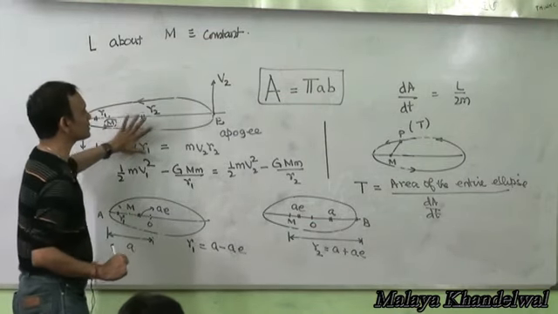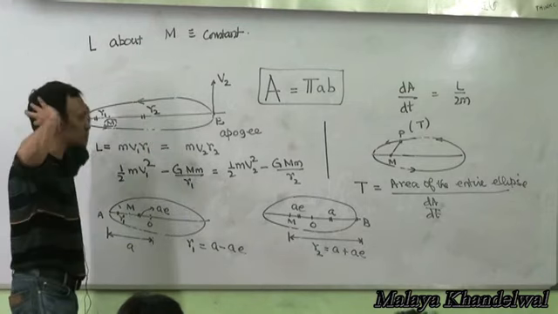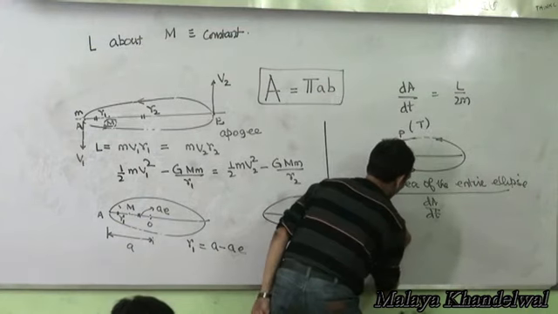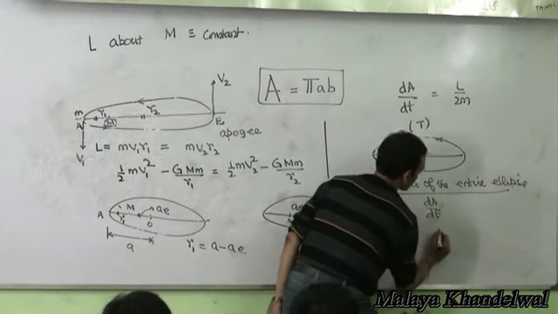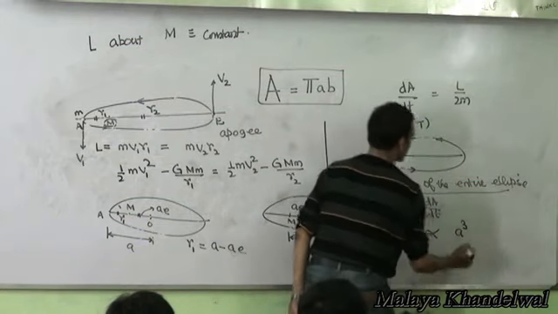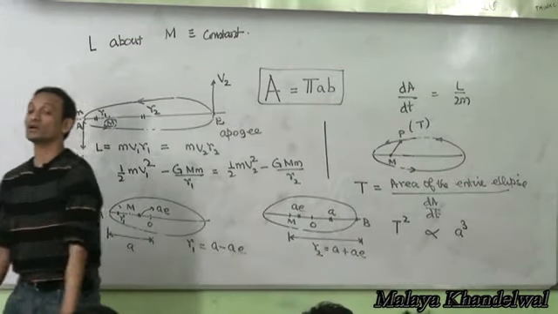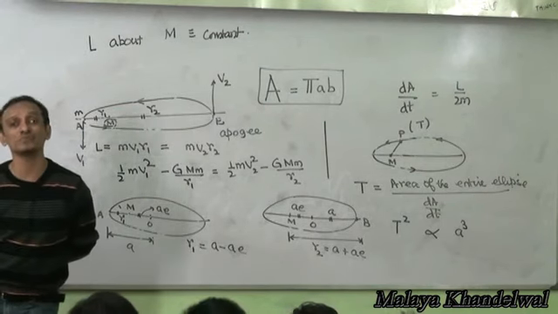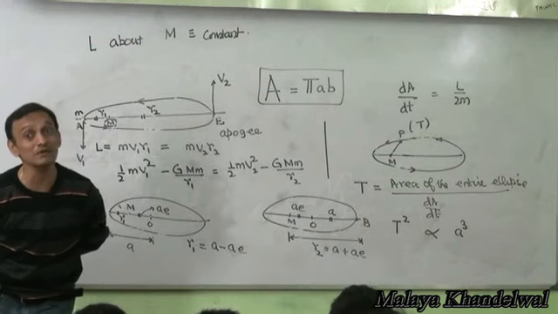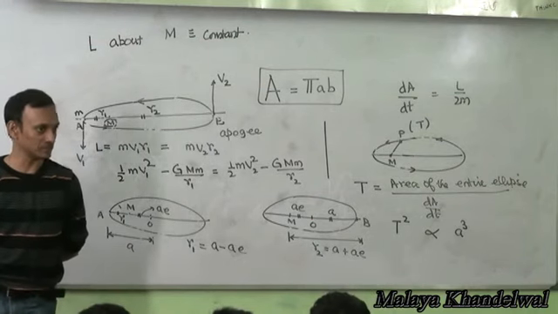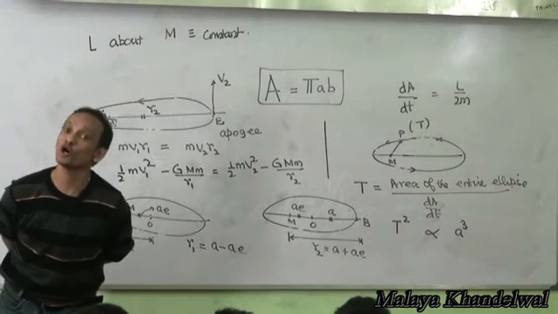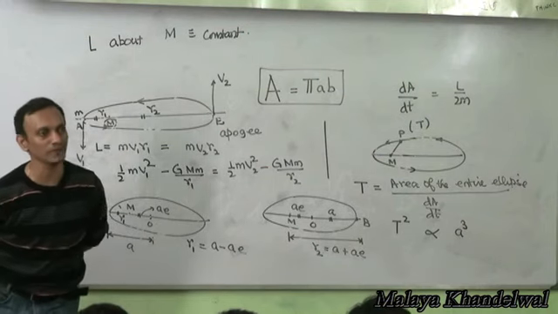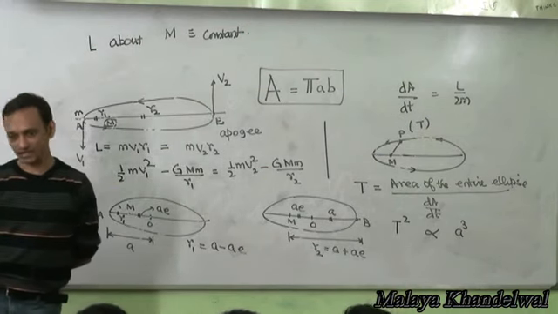So once you solve everything in terms of the required entities, again I will not budge too much into this, what you would get is plug in all of this, then you're going to get the following. You will get T squared proportional to A cubed. You will get the square of the time period proportional to the cube of the semi-major axis of the ellipse of description, which again is one of Kepler's laws, which in general could be applied to any mass.